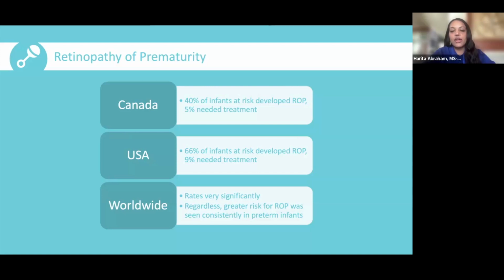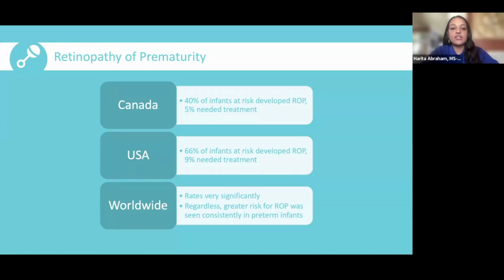So this further emphasizes what I said earlier, that most cases of ROP can resolve on their own. Some of them need treatment. But what the author noticed that was interesting was that there was a wide variety of rates between all of the different studies he looked at worldwide.